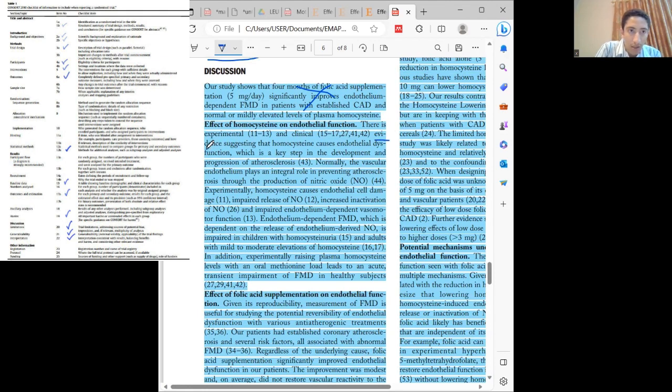Evidence suggesting that homocysteine impairs endothelial function, which is a key step in the development and progression of atherosclerosis. Is that the limitation? No, it is the interpretation.